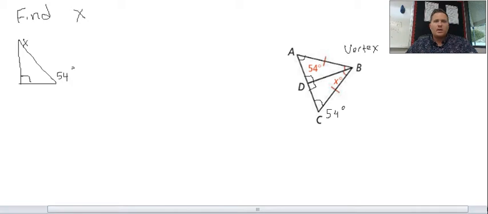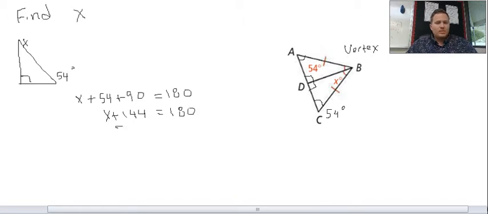Okay, so remember, interior angles of a triangle add up to 180, so we take x plus 54 plus 90 is going to equal 180. So I add these two together, I get x plus 144 equals 180. Next thing, I'm just going to subtract 144 from both sides.